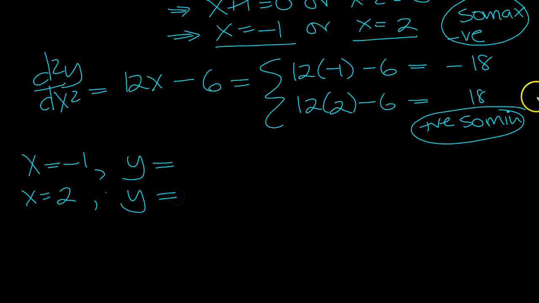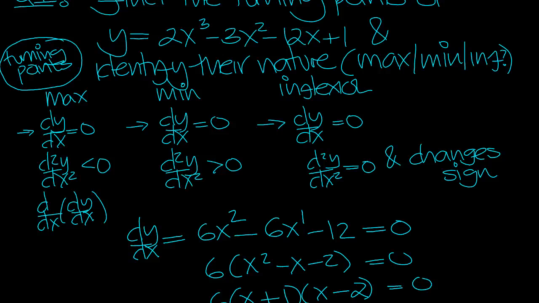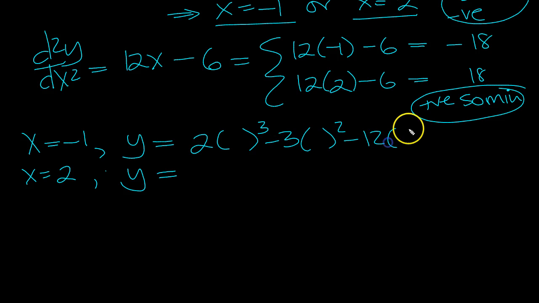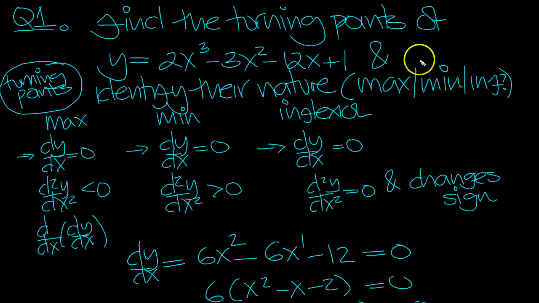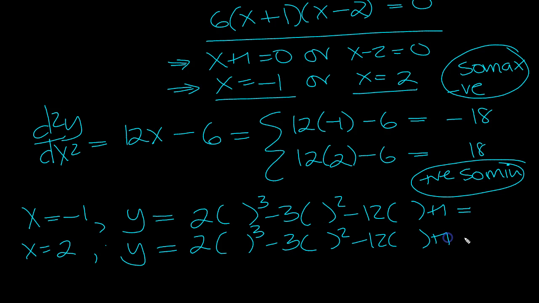So let's input these to get the actual turning point itself, the y value of it. 2x cubed minus 3x squared minus 12x plus 1. We're just getting the y values now.